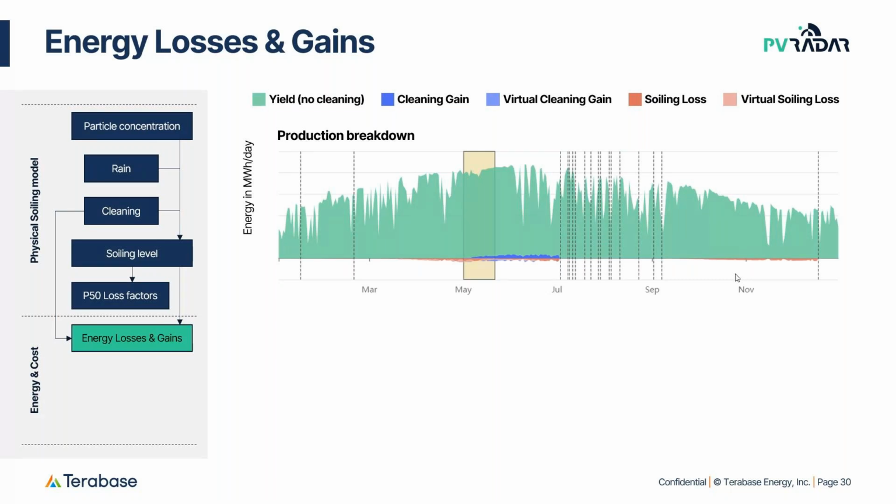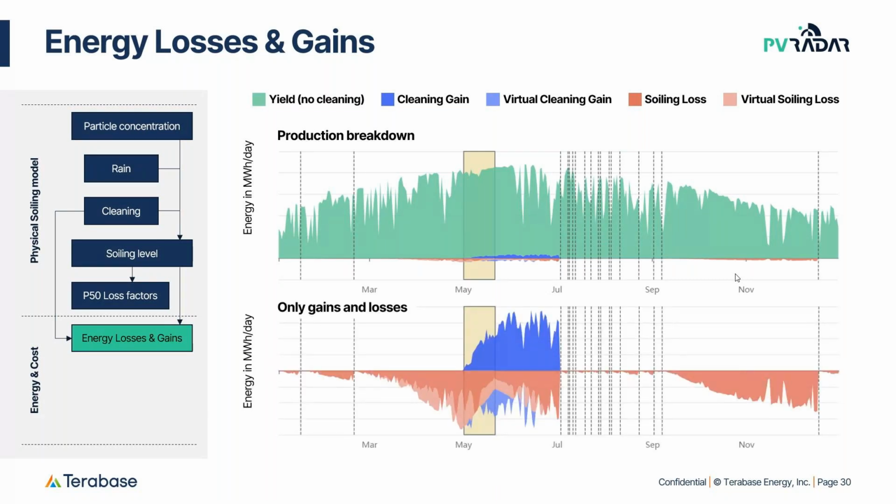I can zoom in a little and get rid of that green part. What I see now is just a zoomed-in version of the soiling losses in red and the cleaning gains in blue. You might be noticing that there are two different shaded reds and blues, and that is because we distinguish between what we call effective gains and losses and virtual gains and losses.